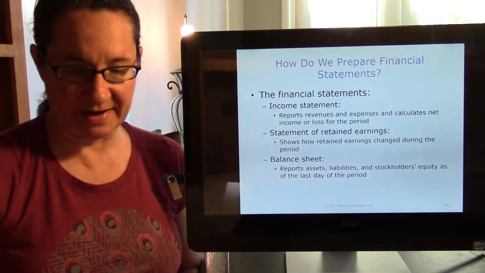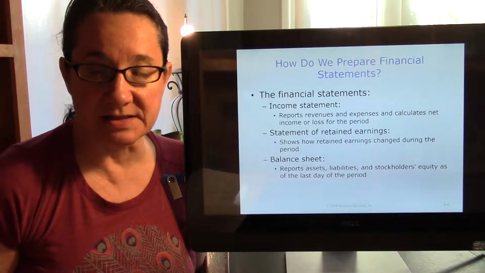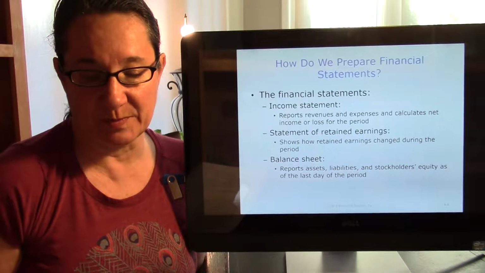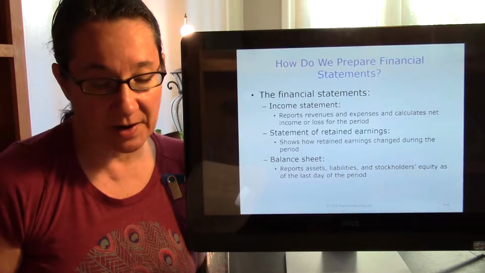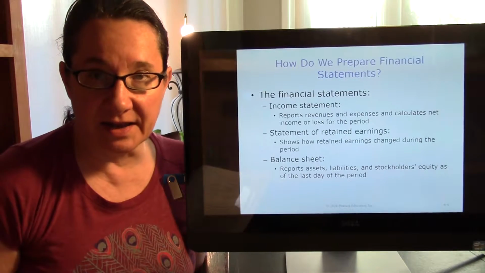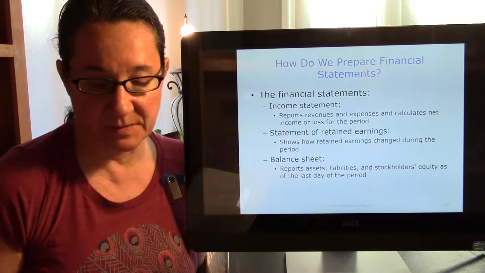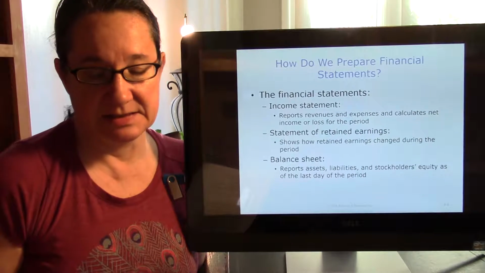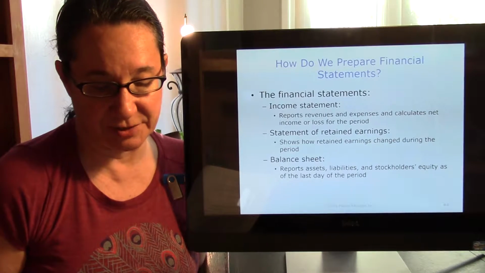How do we prepare financial statements? After the adjusted trial balance is prepared, it's time to prepare the financial statements. The financial statements are prepared in the following order, and this is important. We prepare them in order for a reason, as you'll see. Income statement, statement of retained earnings, and then the balance sheet.